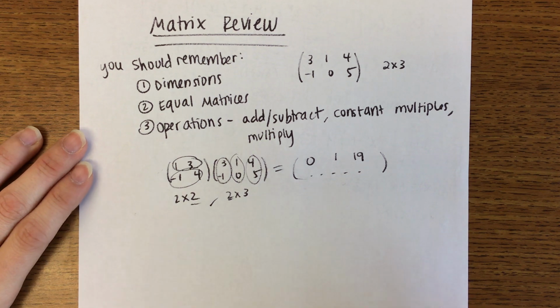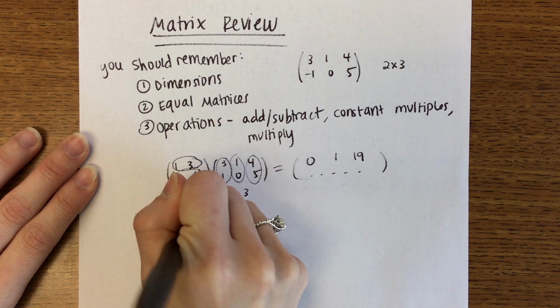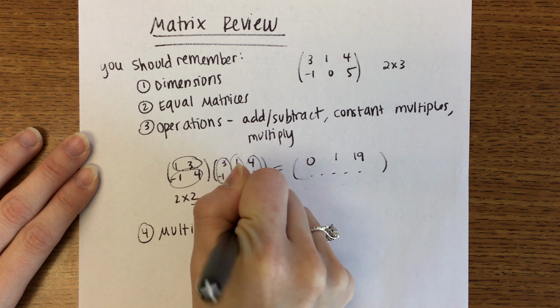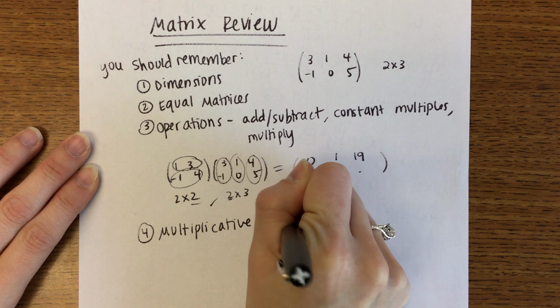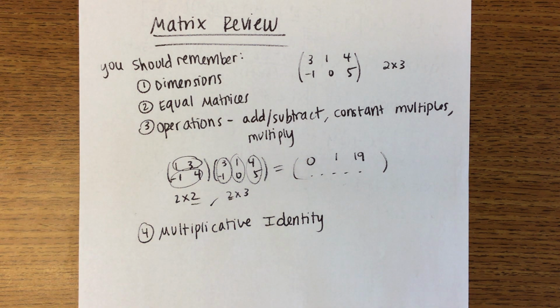Okay. Next thing I want us to know is the multiplicative identity. Anybody know what the idea of a multiplicative identity is, just in general? Multiply by something and get the same thing.